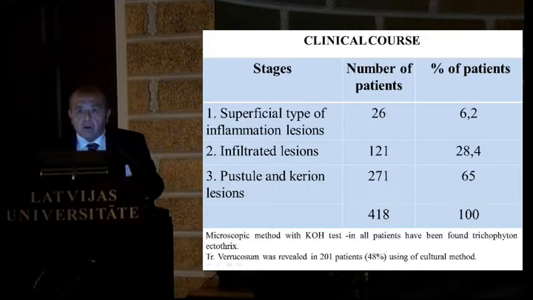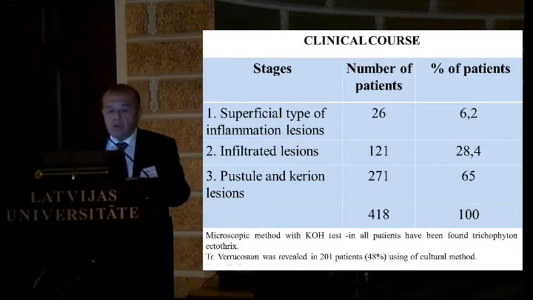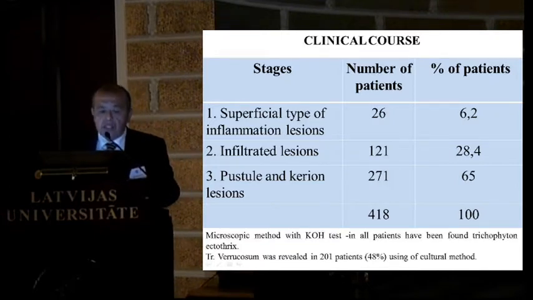According to the clinical course, we divided patients into 3 groups. First of all, the superficial type of inflammatory reaction, which we see in 6% of patients. Infiltrated lesions we see in 28% of patients, and pustular or carrion lesions were seen in 65%.